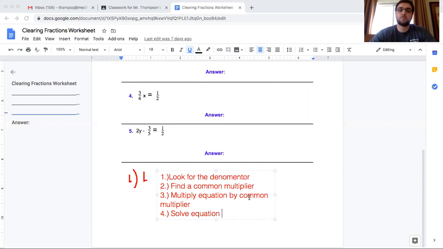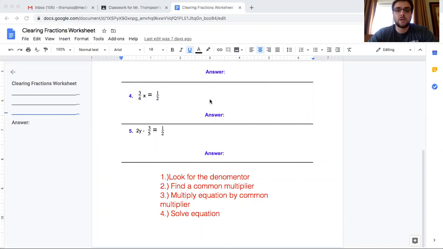Okay, so first thing we're going to do is look at the denominator of our fractions. Second thing we're going to do is find a common multiplier between the denominators. Then we're going to multiply the equation by that common multiplier. And lastly, you're going to go ahead and solve the equation.